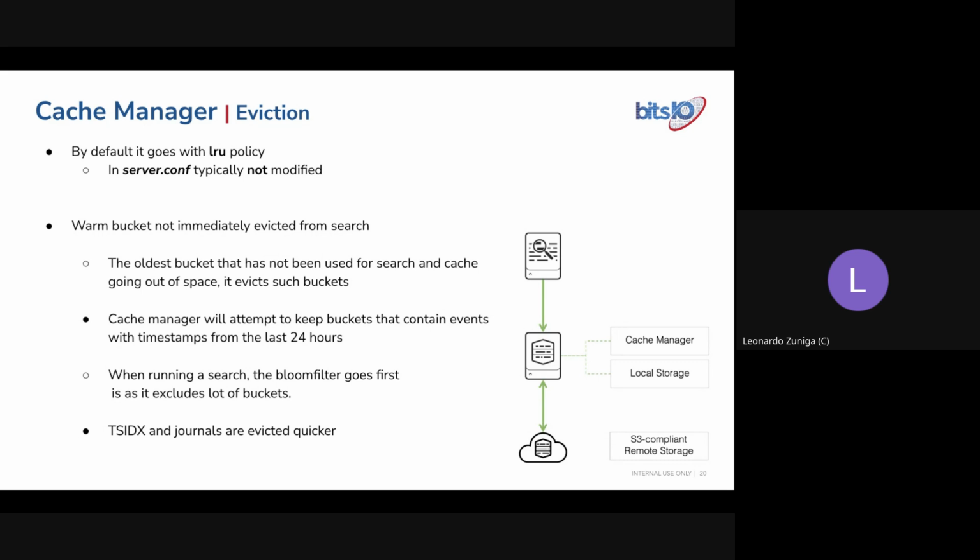And tsidx files and journals are typically evicted quicker than the other files, like smaller files, as the cache manager attempts to keep these smaller files for 15 days. These are settings that we can manipulate on server.conf, but these are typically not modified.